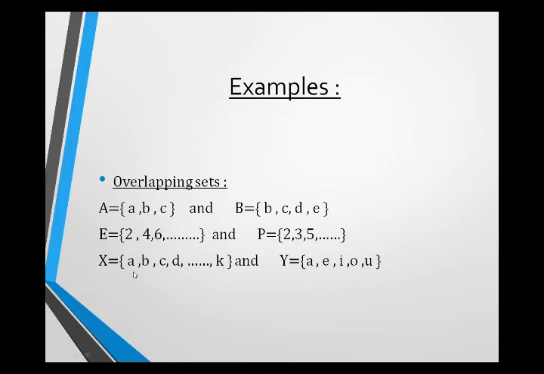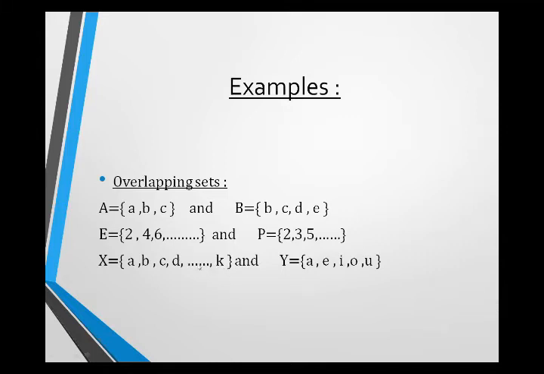Such a kind of set is an overlapping set. Which elements are overlapping with each other? A is present in both sets. E is present in both sets. Here we can't see E, but we know that the dots show the alphabets must go on, so E is present in this set. There is I. I is also present in both sets.